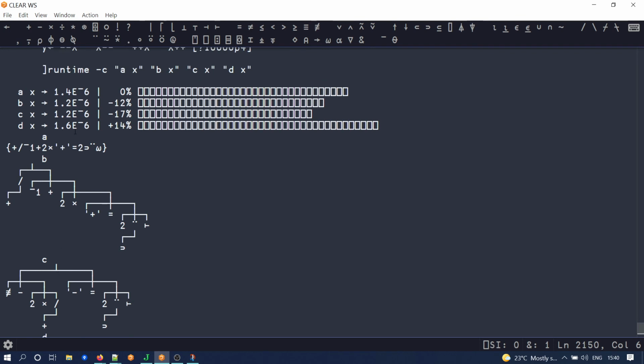You can see they're all in the order of microseconds here for this input, and the last one being a bit slower.